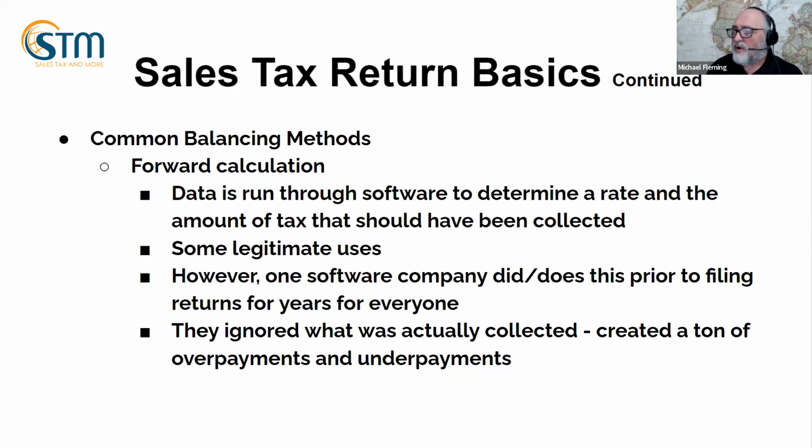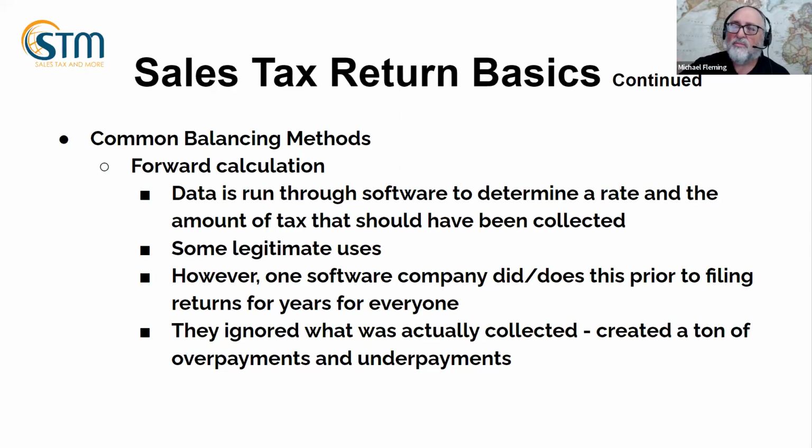However, one software company, I don't know if they still do this, but they did this for years. This is TaxJar. And TaxJar ignored what was actually collected. They did a forward calculation, and they didn't really explain this well to their customers. And this was creating huge problems. I mean, TaxJar was one of the newcomers out there.